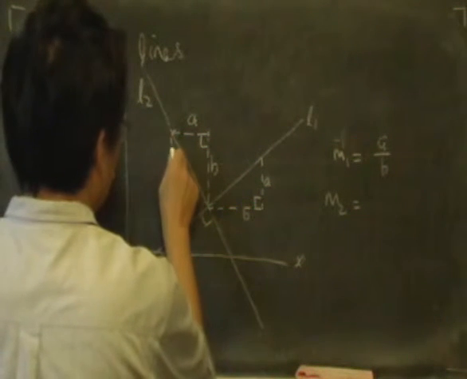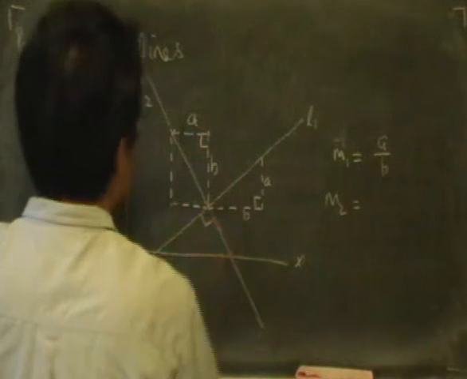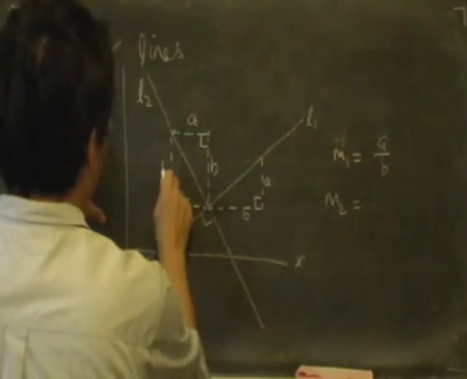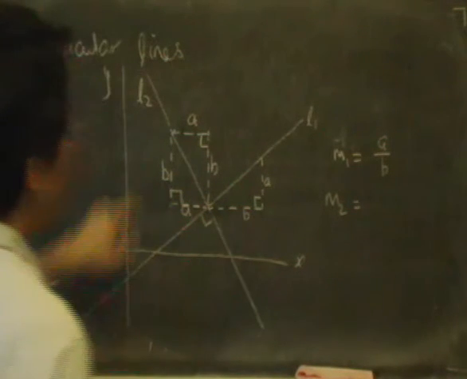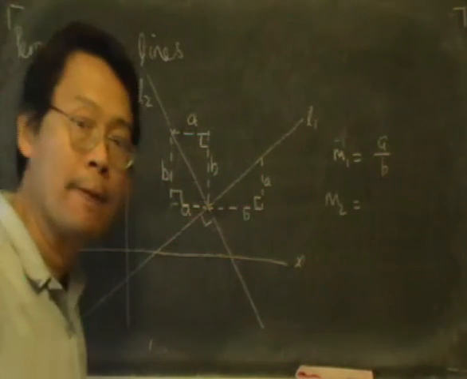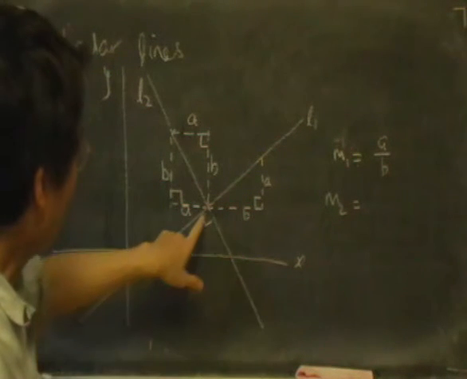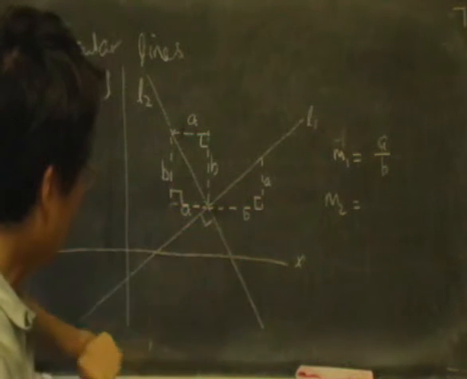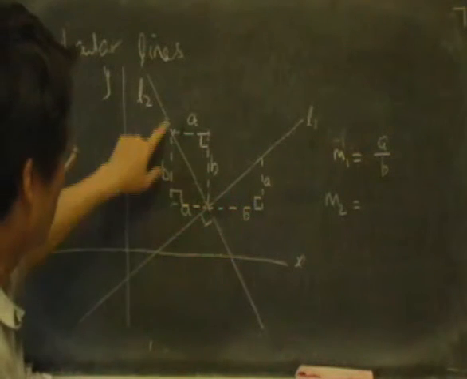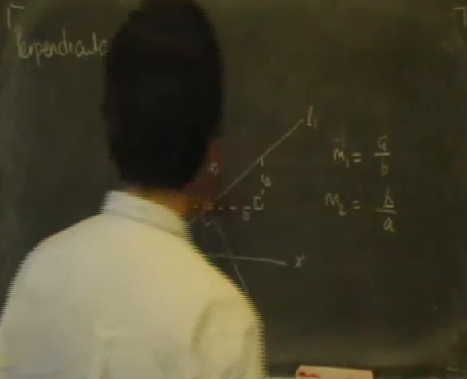Let me draw it down here instead. It's just kind of symmetrical, I'll just turn it around. And that would be my B and that would be my A. So I can have an identical triangle below the line. Now we can look at the vertical and horizontal side and write down the gradient. So it should be B divided by A.